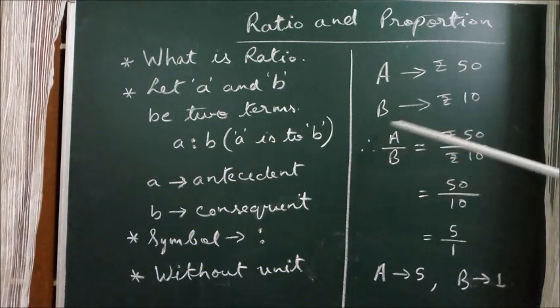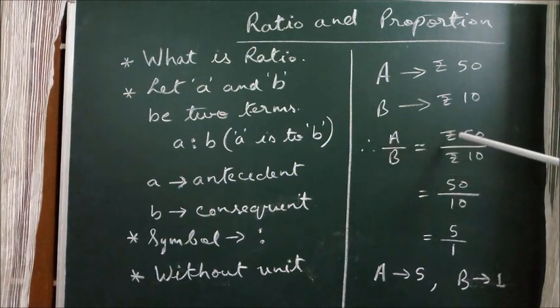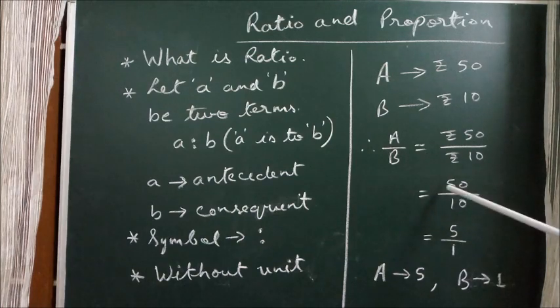Now if we divide the value of A by the value of B, we'll find ₹50 divided by ₹10. Then we can cancel the rupee sign and reduce it into simplest form, that is 10 1s are 10, 10 5s are 50, that is 5 by 1.